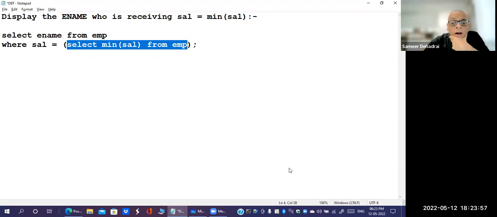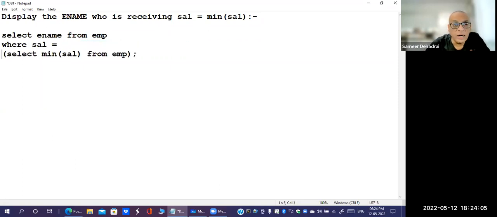All this is happening at runtime. Parameter passing is always at runtime. Step number 2, the main query executes, and I'll get to see the name of the employee who's receiving minimum sal.